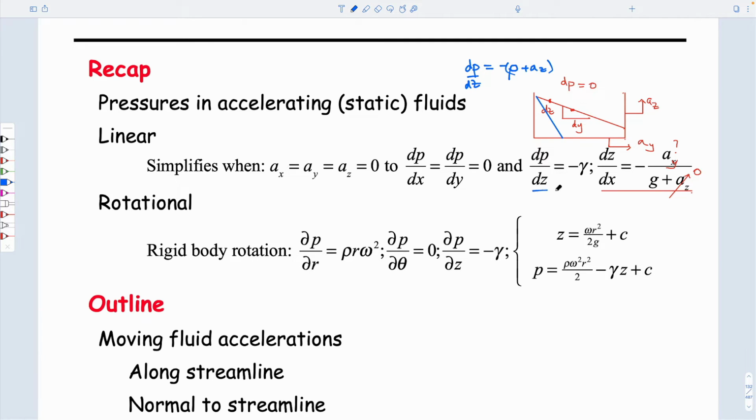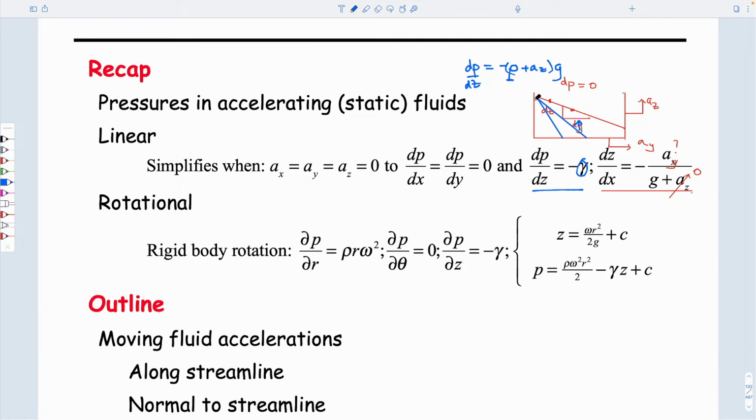Previously, we'd always thought of it as equal to just this, which of course is just equal to this term here, and g outside, I guess. But now if we have it accelerating upwards, then this gradient changes, so it's like going up in an elevator. If we're accelerating upwards, then the pressure increases faster with depth than it would do otherwise.